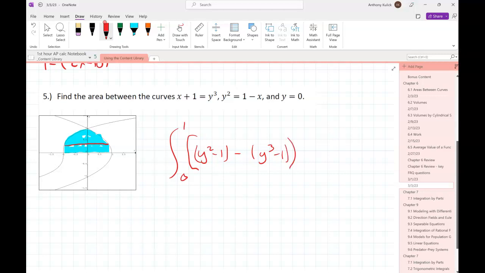So it's right minus left. And that ought to do it. It would be 1 minus y squared, getting the x by itself.